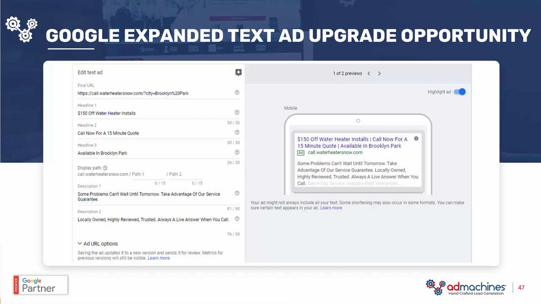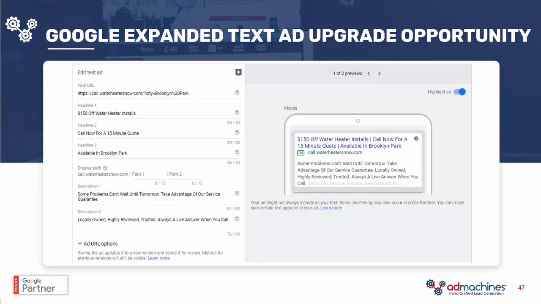With expanded text ads, you have an additional line of text in your headline in addition to a second description line, which gives you 30 additional characters in the headline and 90 additional characters in the description, which beefs up your ad by about an inch, inch and a quarter compared to your competition. I'm going to show you some examples at the end of this, and just some bad ads that I've come across in my local market, and kind of pick them apart for you.